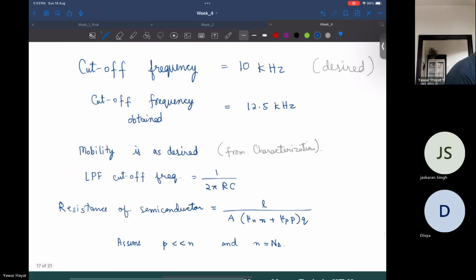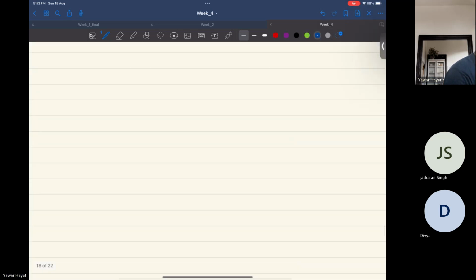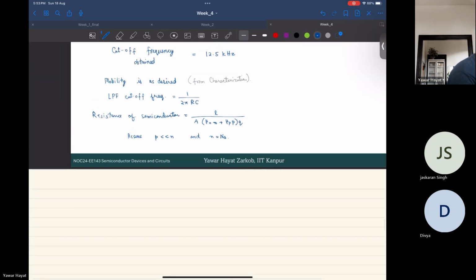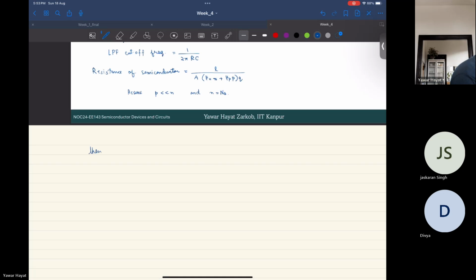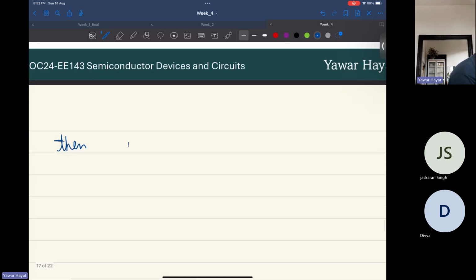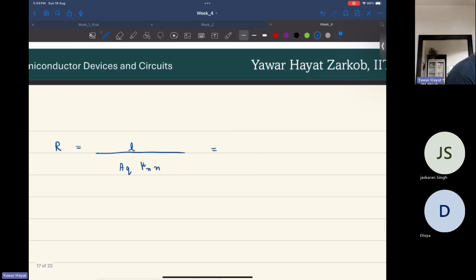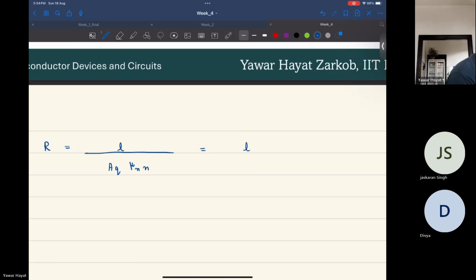Then R is equal to L whole divided by A q mu n, and that is equal to L whole divided by A q mu n d.